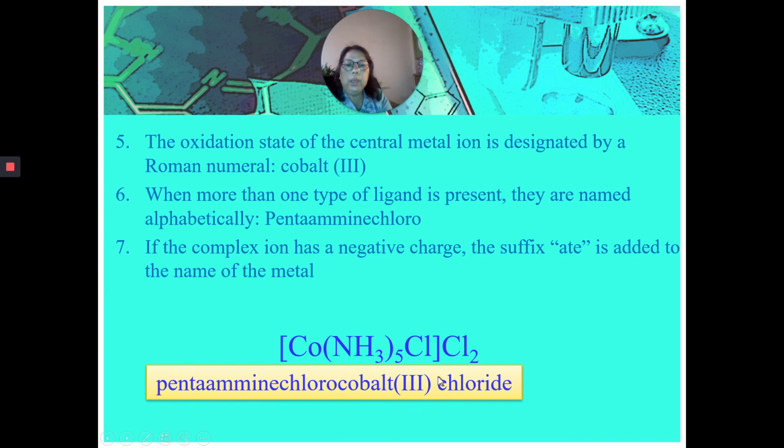It is alright if you're not going to write anymore the plus 3 or the other oxidation number. Pentaamine chlorocobalt chloride. What will determine whether this is plus 3 will be how this is actually expressed, the ligand.